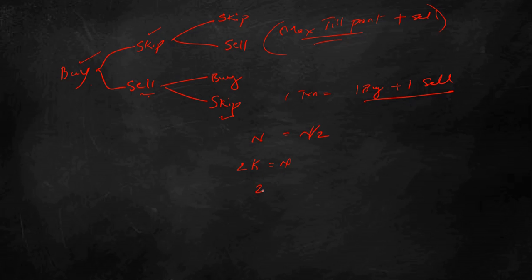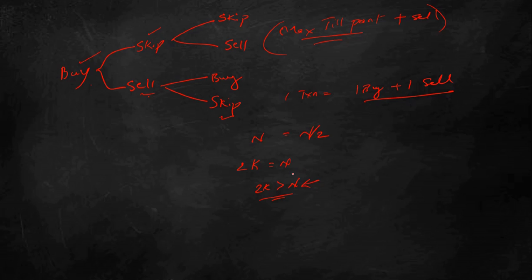So if my 2k is greater than n, it is as good as saying that you can ignore the number of transactions. You have an infinite number of transactions for that given list of prices, correct? So this is an important factor that we can use to optimize our algorithm.